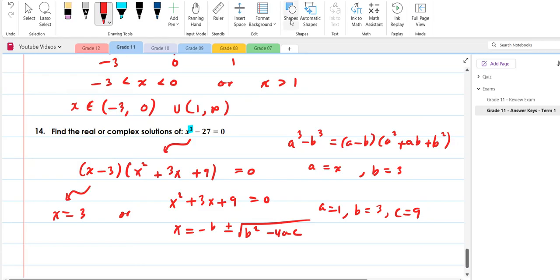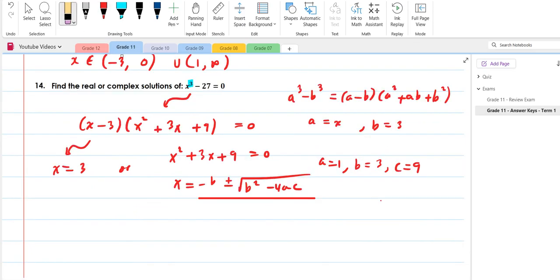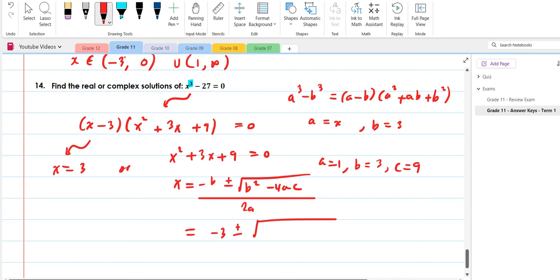I will show you on the calculator how to solve this cubic equation and get all three answers with the complex and real roots. So minus b will be minus 3 plus minus the square root of b squared. If I square b, I get 9. Then 4ac, 4a will be 4, times c, minus 36.